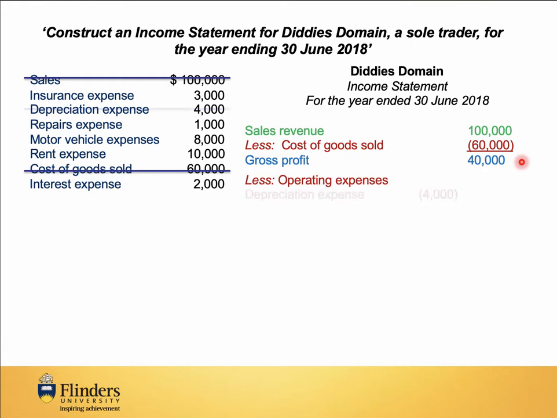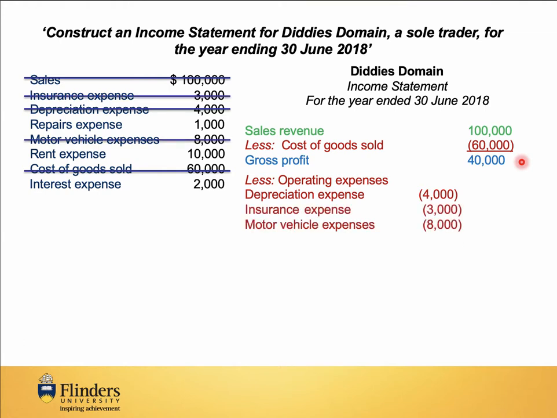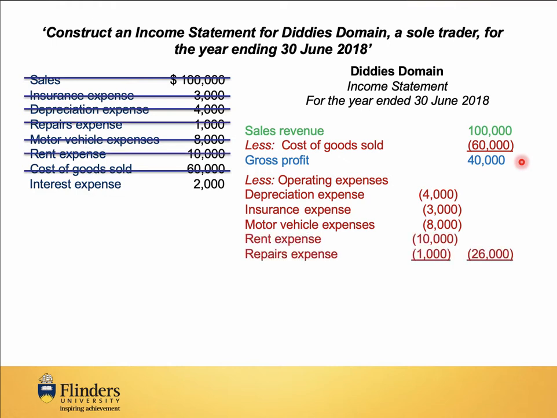So depreciation 4,000, insurance expense 3,000, motor vehicle expenses 8,000, rent expenses 10,000, and repairs expenses 1,000. The total of all of these operating expenses, if you add all of these up, that gives us 26,000.